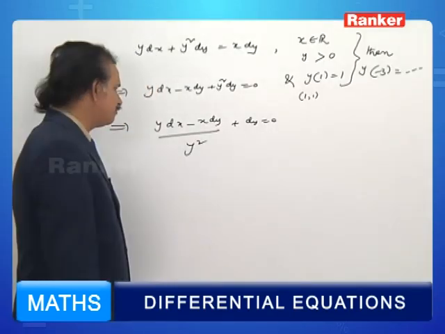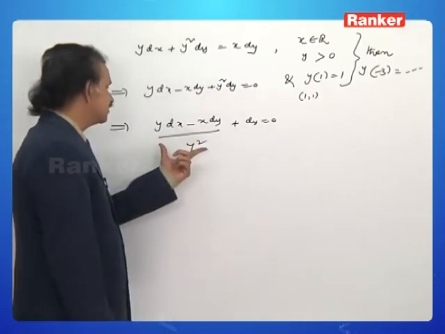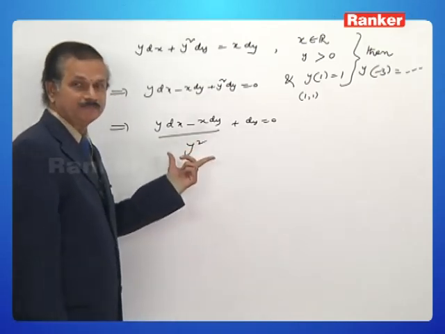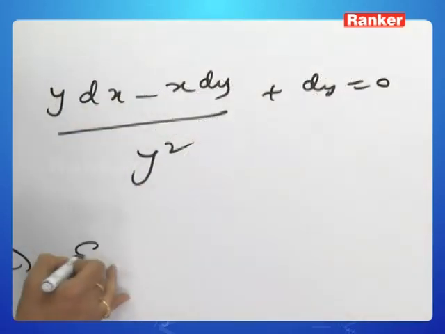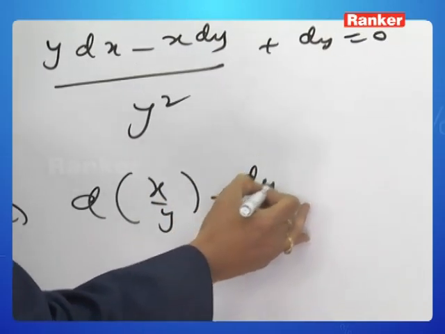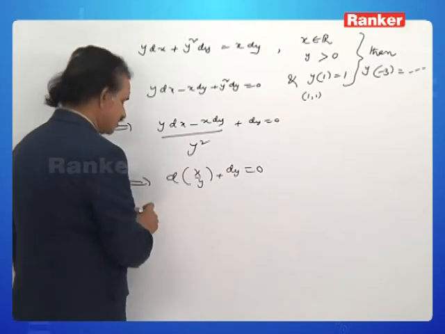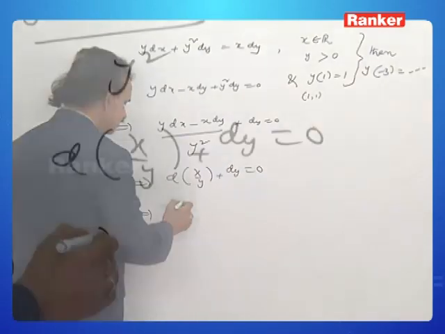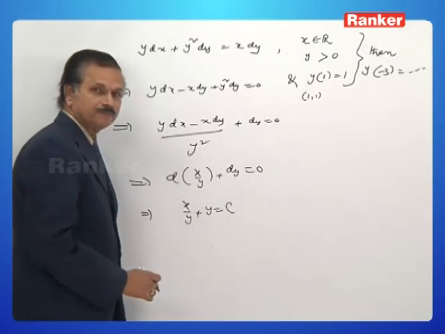How simple and direct it is. Look here, this is nothing but d of (x by y). Hence, d of (x by y) plus dy is equal to 0. Let us integrate on both sides. Then x by y plus y is equal to c.